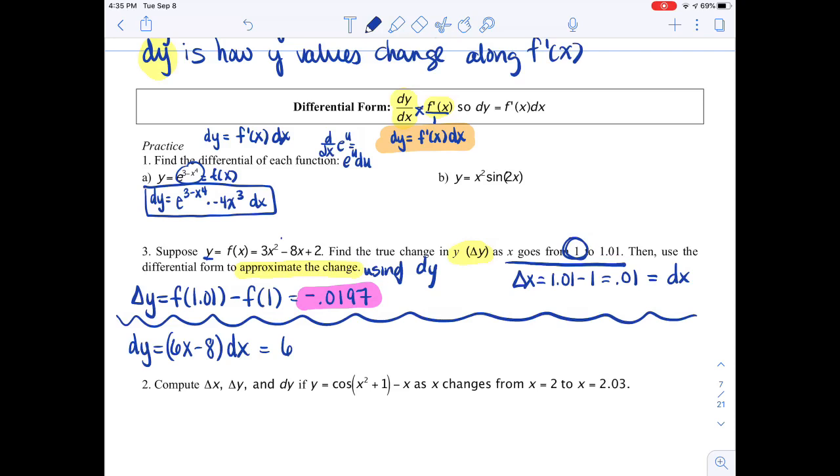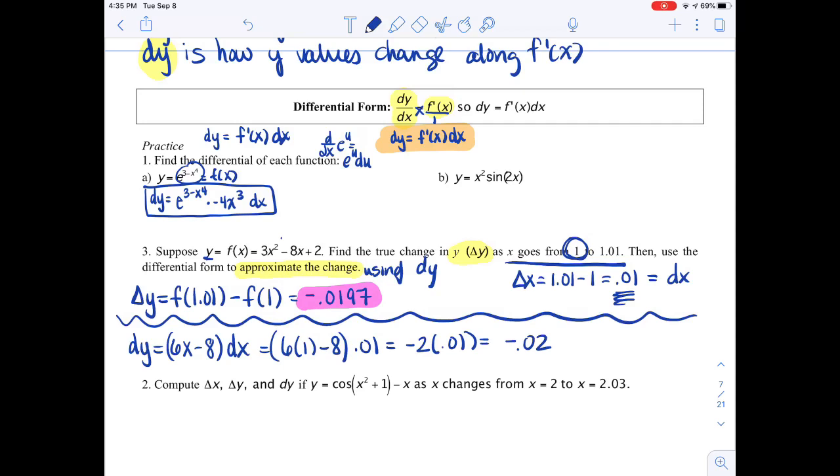That's why we're using 1 as our x. It's also the one that we're starting at. So if I do 6 times 1 minus 8, and I multiply that by dx, which as I said before is the same as delta x, 0.01. 6 minus 8 is negative 2. Negative 2 times 0.01 is negative 0.02.